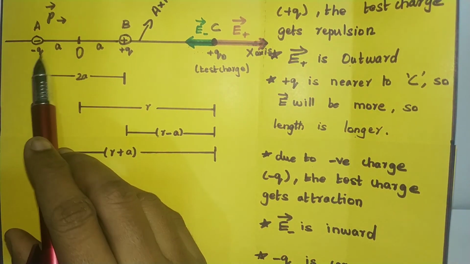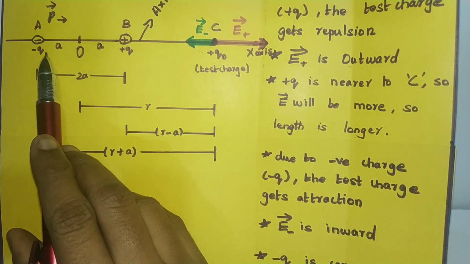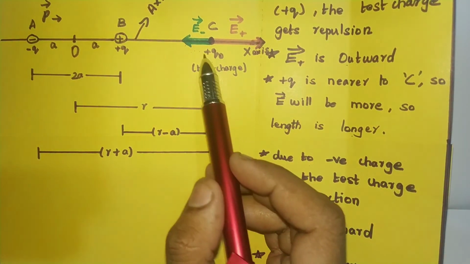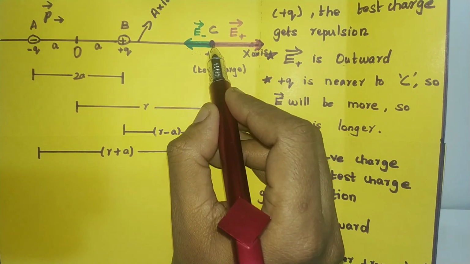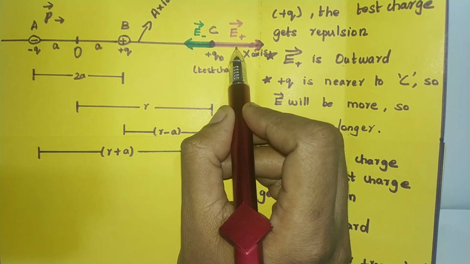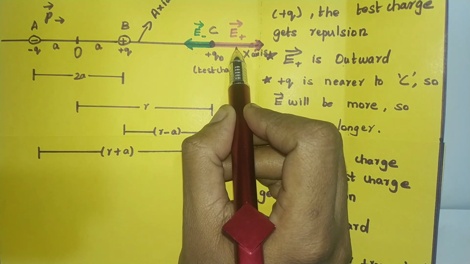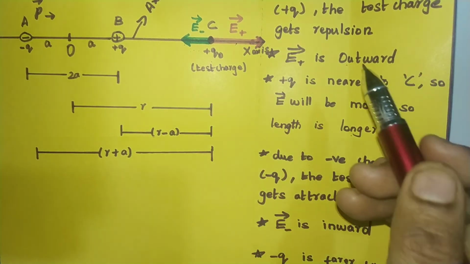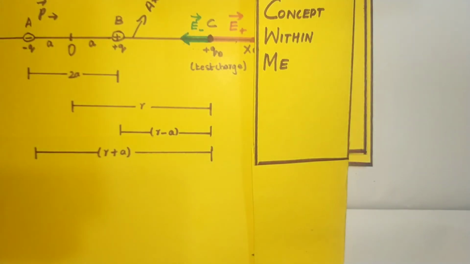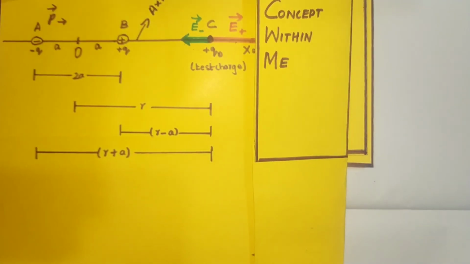Minus Q is farther from C. The distance is farther and so E minus vector will be less in intensity. So the length of the E minus vector is shorter than the length of the E plus vector. Okay students, these are the concepts in this diagram. And next we move on to the next concept.